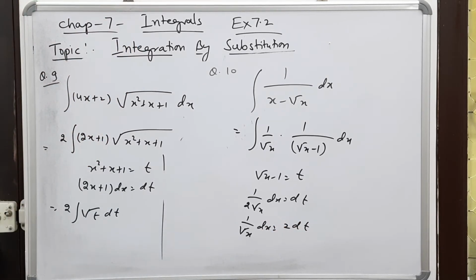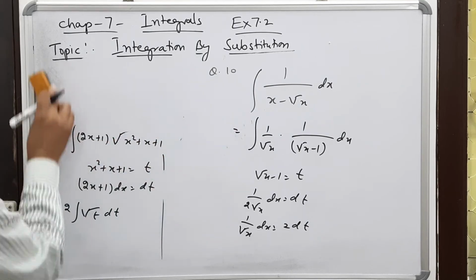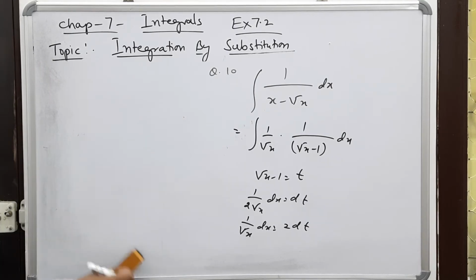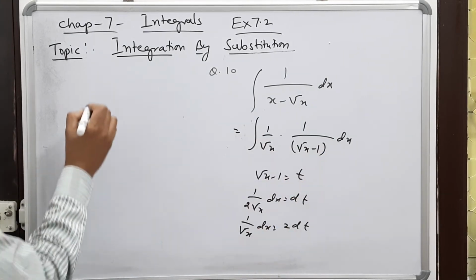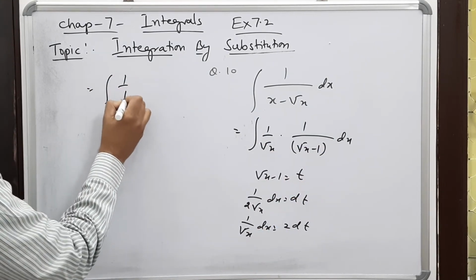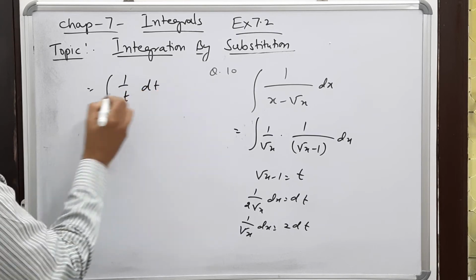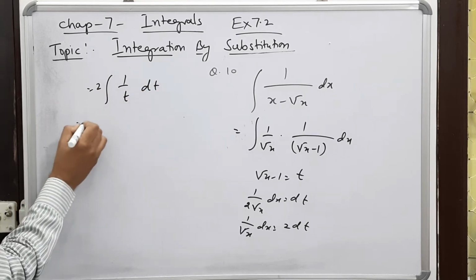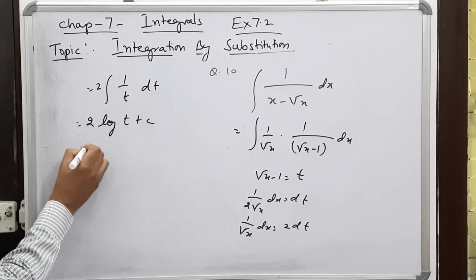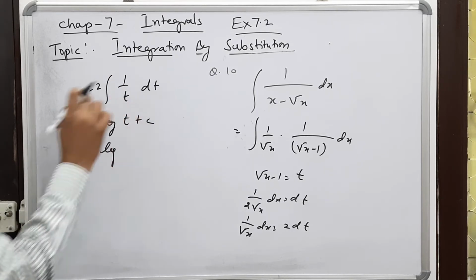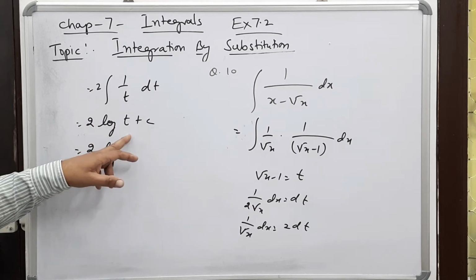So this problem will take the form as this part and this part will be 2 dt, and it is 1 by t dt, and this 2 will be here. So final is 2 log t plus c, because the integration of 1 by t is log t.